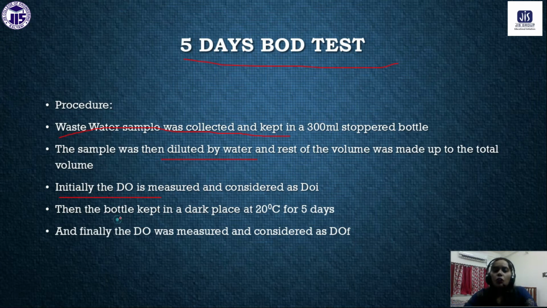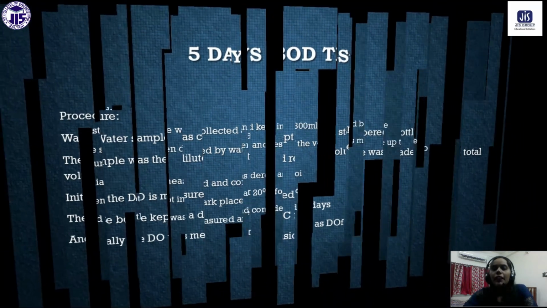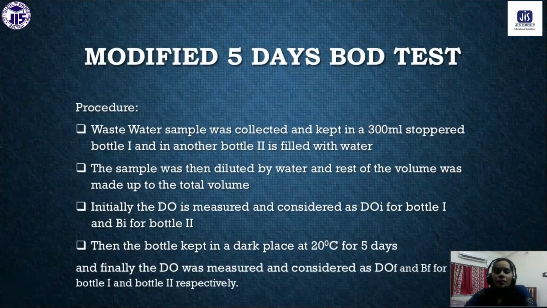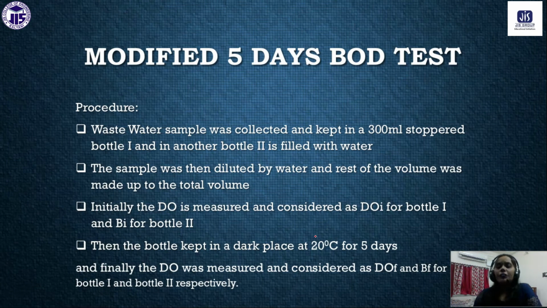After that, the bottle will be kept in a dark place at 20 degrees centigrade for 5 days, and after 5 days, after the reaction, we will finally measure the dissolved oxygen again, and your BOD will be the initial value of the dissolved oxygen minus the final value of the dissolved oxygen divided by P.